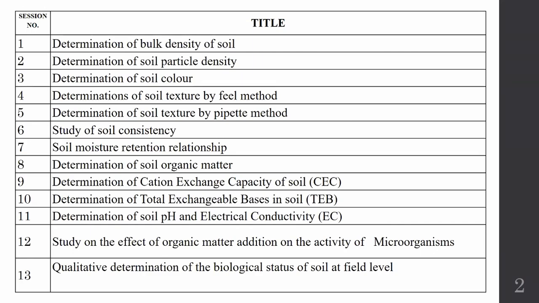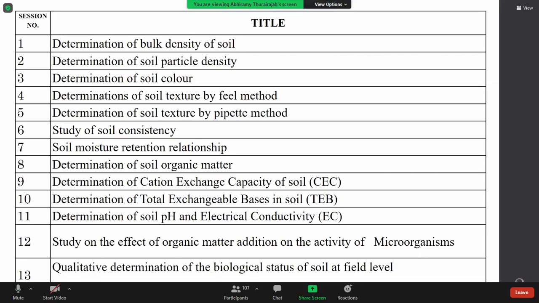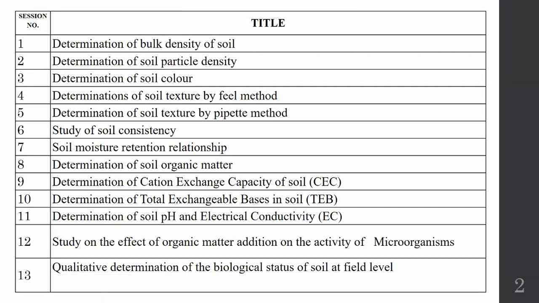Soil pH and electrical conductivity. Then biological status of the soil. These are the things that you are going to study under this course title, the physical and chemical soil properties.